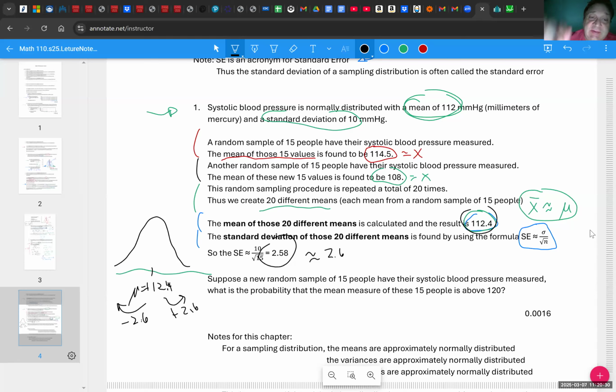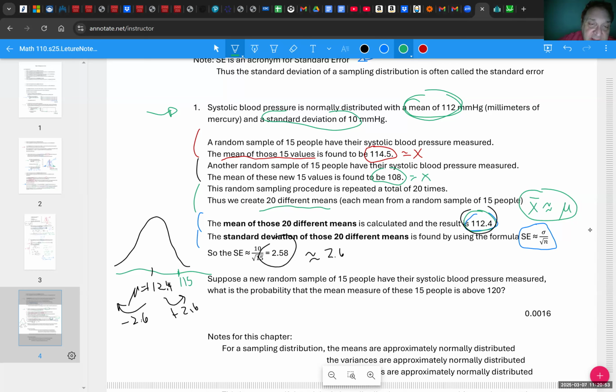Okay, so I'm adding 2.6 and subtracting 2.6. So 112.4 plus 2.6 will give me this new number up here, I think 115.